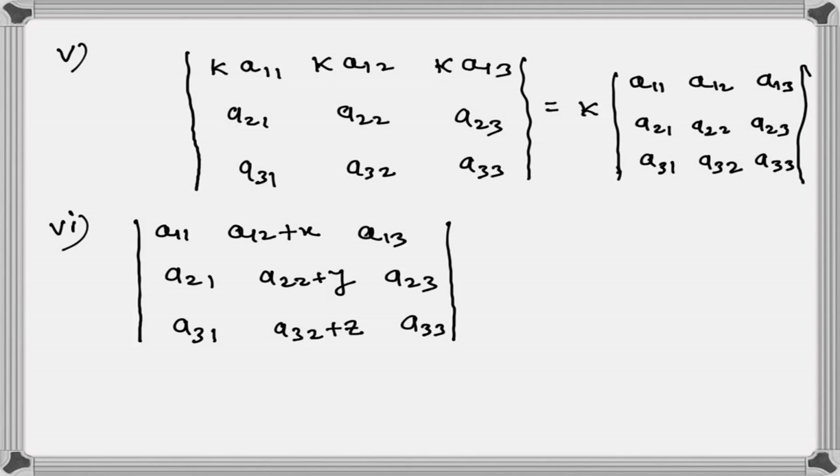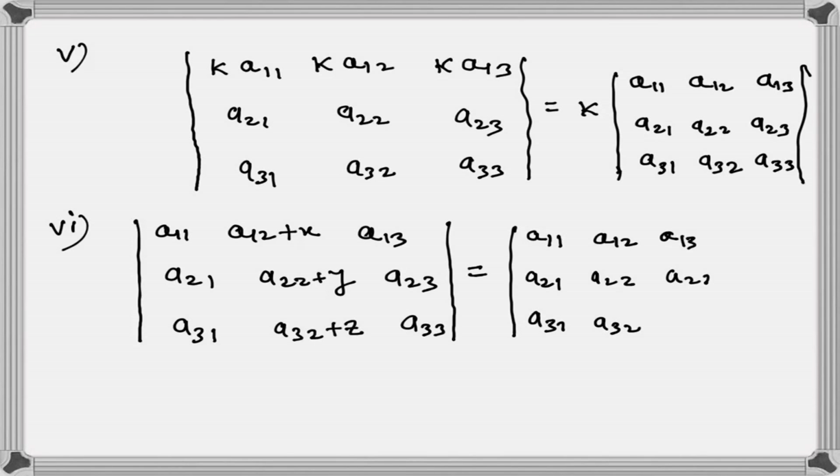This determinant can be written as a sum of two determinants. The first one is a11, a21, a31, a12, a22, a32, a13, a23, a33. This is the first one.